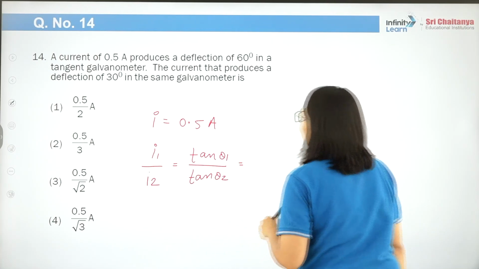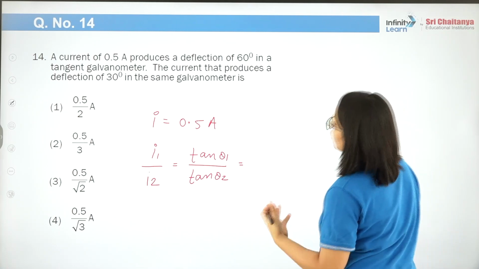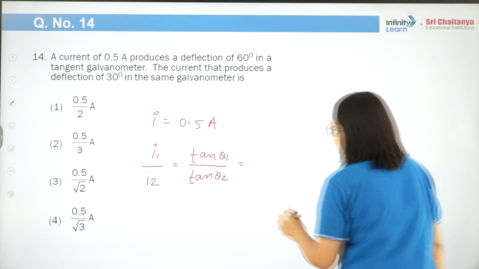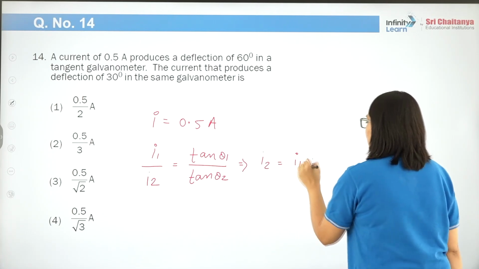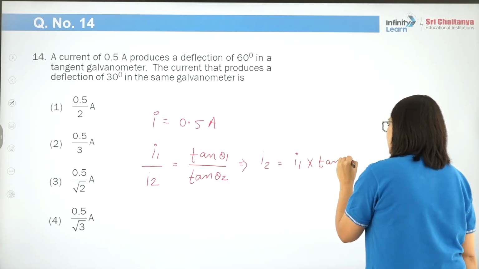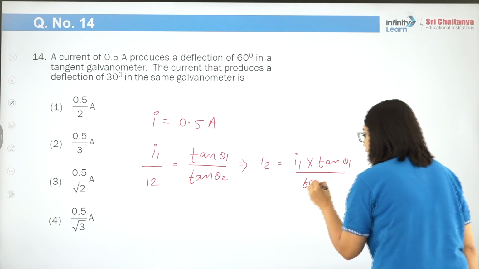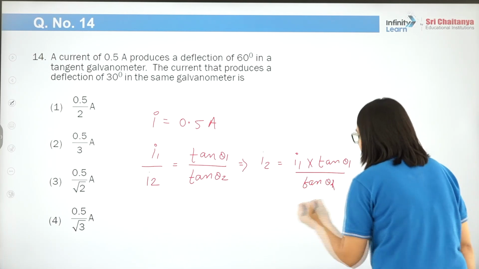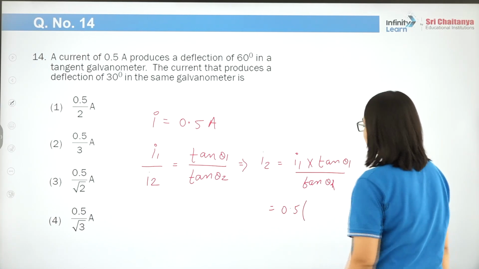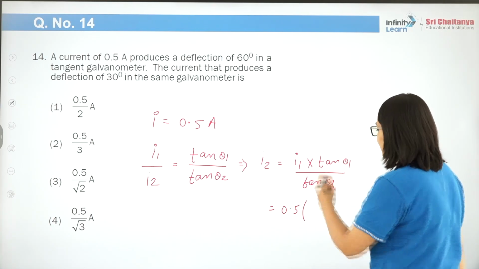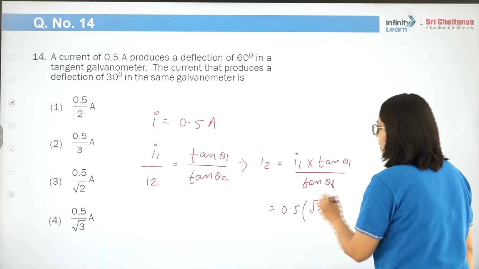Over here we need to find the value of I2 for 30 degree. So I2 will be I1 into tan theta 1 divided by tan theta 2. So I1 is 0.5. Tan theta 1 is 60 degree. Tan 60 degree is root 3.